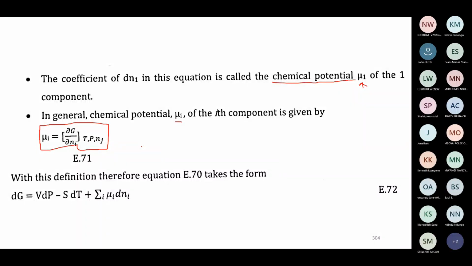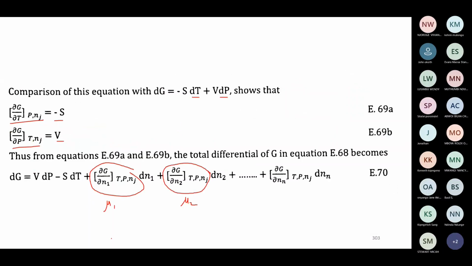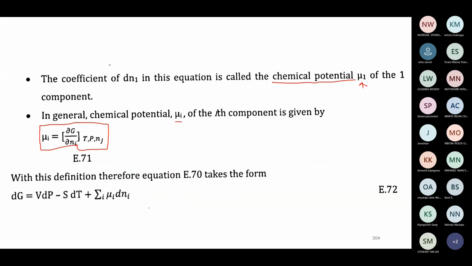So if we consider this as the definition of chemical potential, the expression E70 can be simplified further. Essentially, it becomes the change in Gibbs free energy equals VDP minus SDT plus the sum of mu times dn for all the components.